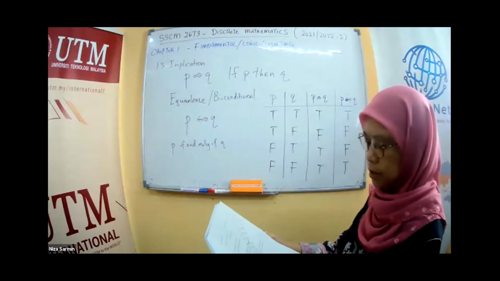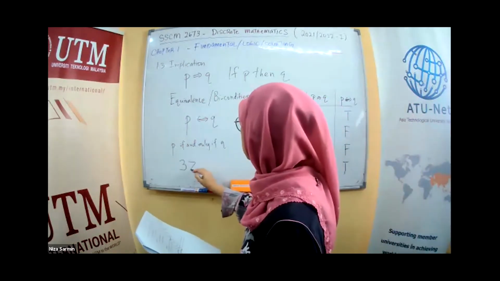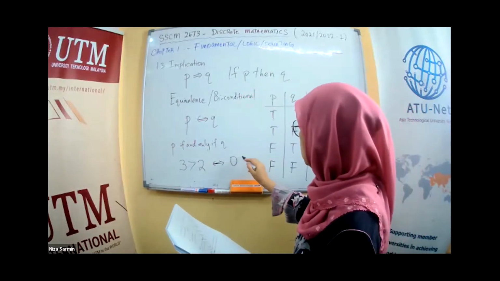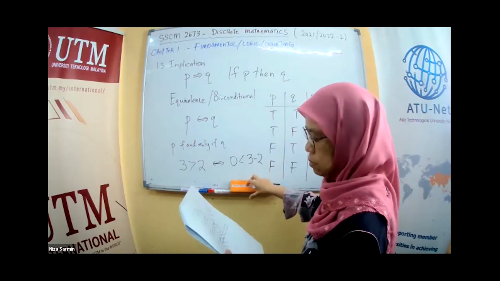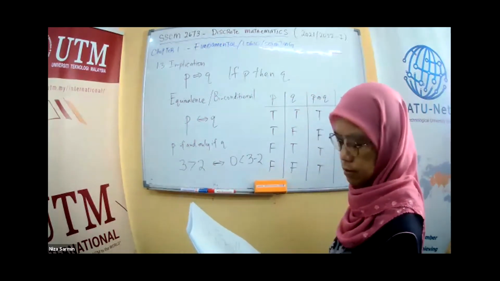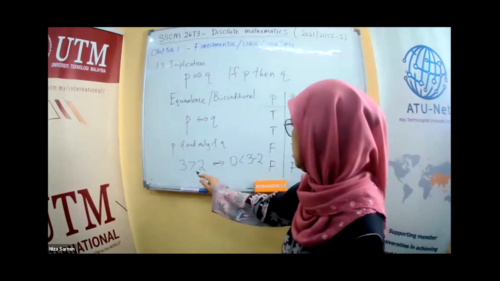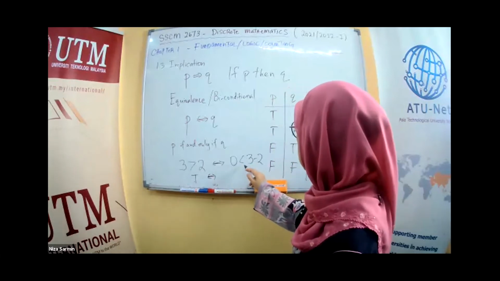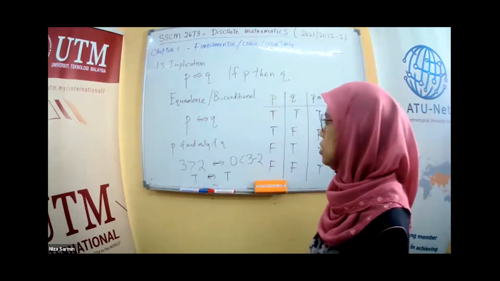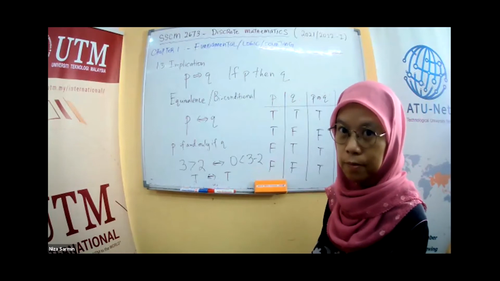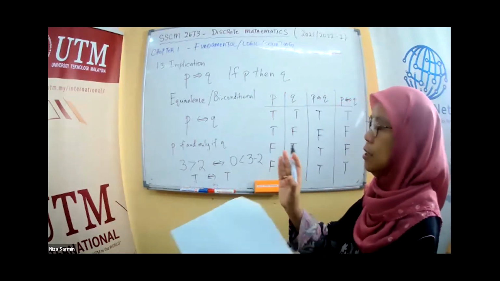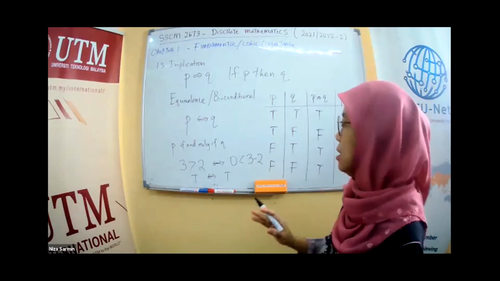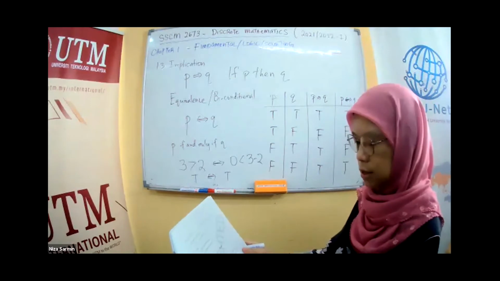Okay, that's an example there. 3 bigger than 2 if and only if 0 is less than 3 minus 2. Okay, 3 bigger than 2 is true if and only if 0 is less than 1, true. So the answer is true. All right. So you just put the truth value to the statement, and then you can apply this.